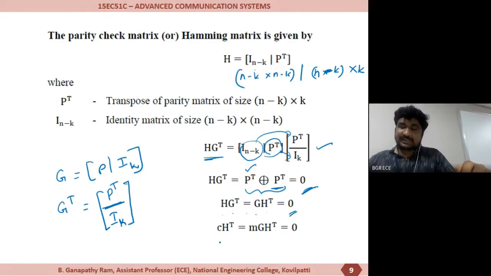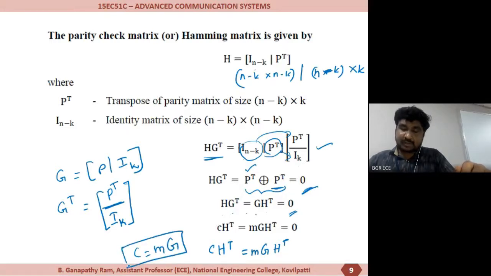So C into H transpose can be written as M into G into H transpose, because C is equal to M into G. The code word C is represented as the product of the message vector and the generator matrix. So we already know that G into H transpose is equal to 0.